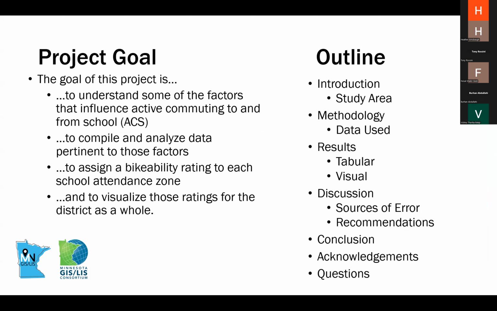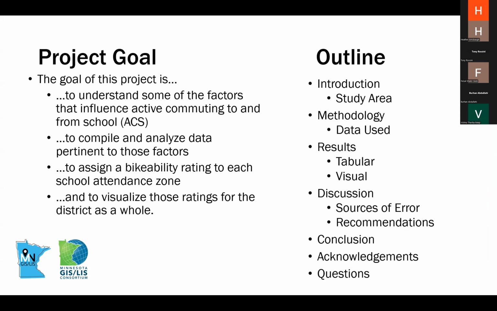The goal of my project was to understand some of the factors that influence active commuting to and from school, or ACS. That's a common acronym I came across in my research. After understanding some of those factors, my hope was to compile and analyze data that was pertinent to them, use that data to assign a bikeability rating for school attendance zones, and then visualize those bikeability ratings to see what insights could be gleaned.